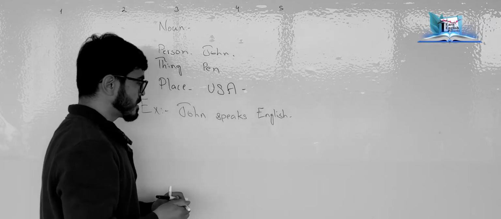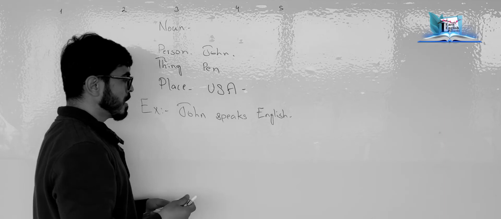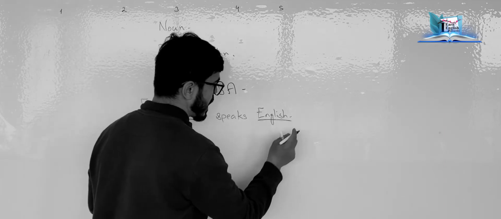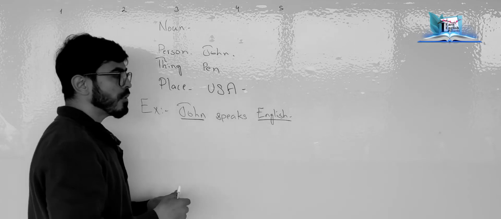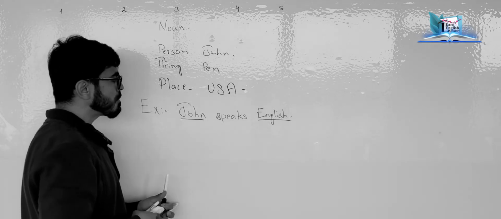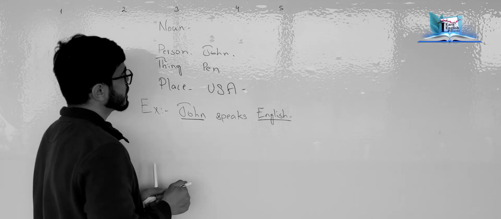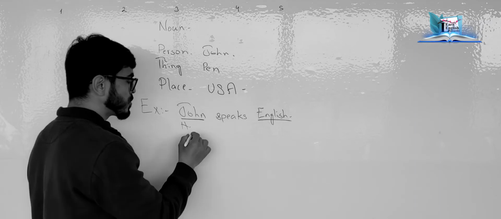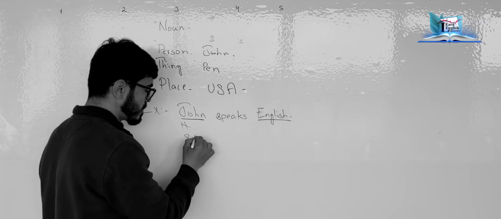In this sentence, as you can see, there are two nouns. The first noun, John, and the second noun is English. But now we're going to talk about the first noun, okay? So the first noun, John, is a noun, and also John is subject.